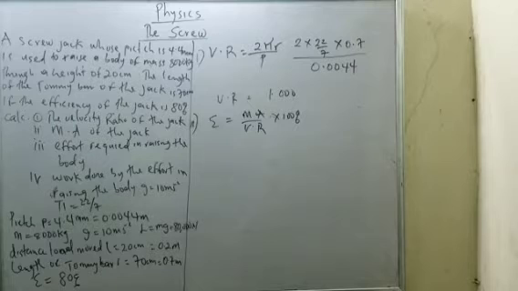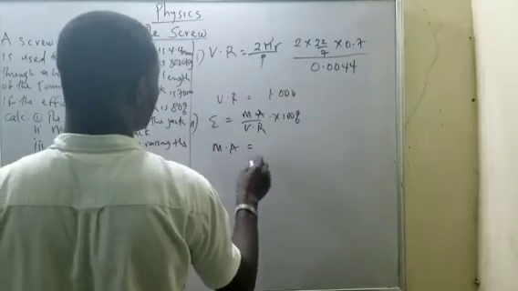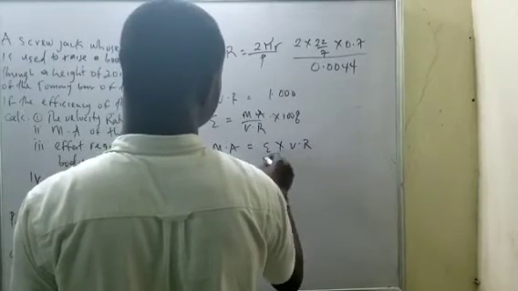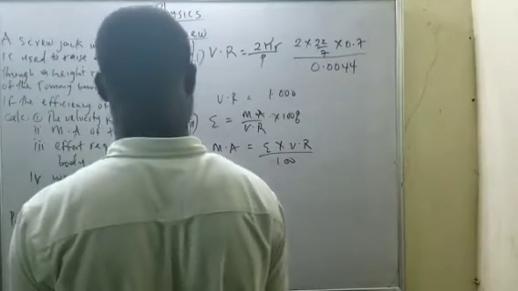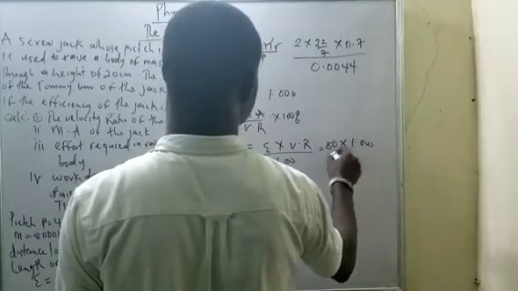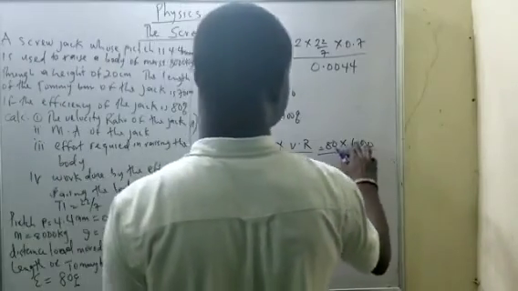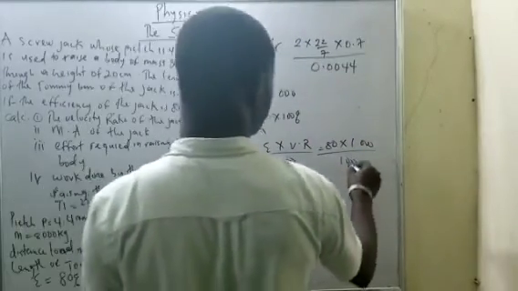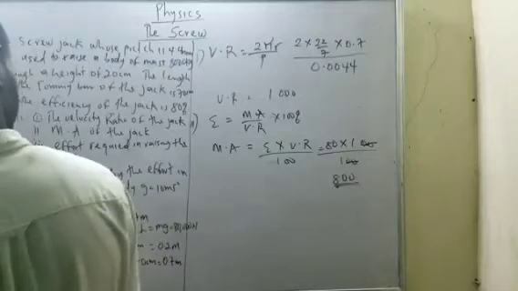We make MA the subject, so MA will be equal to efficiency multiplied by the resistance divided by 100. Efficiency is 80 multiplied by 1,000 divided by 100. This is 1,000. Now this will be cancelled, which I have 800. That is the mechanical advantage.